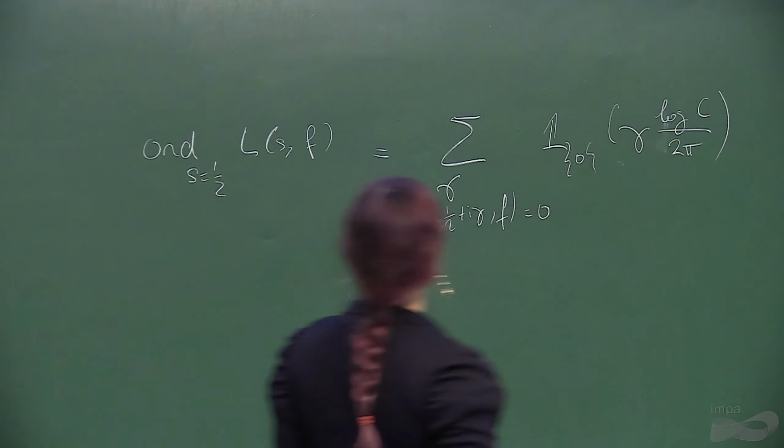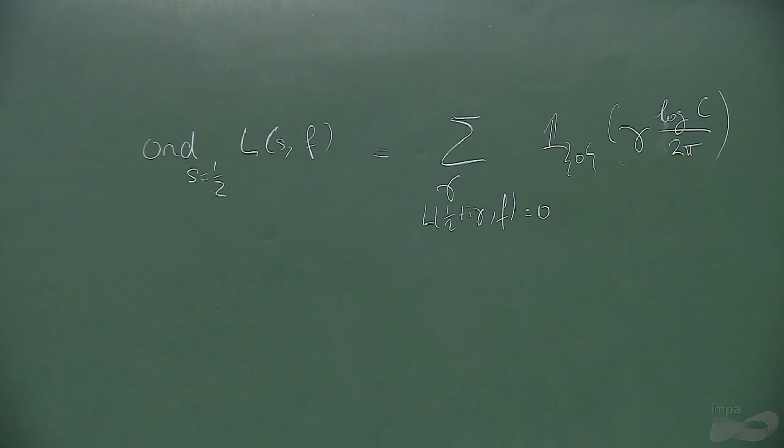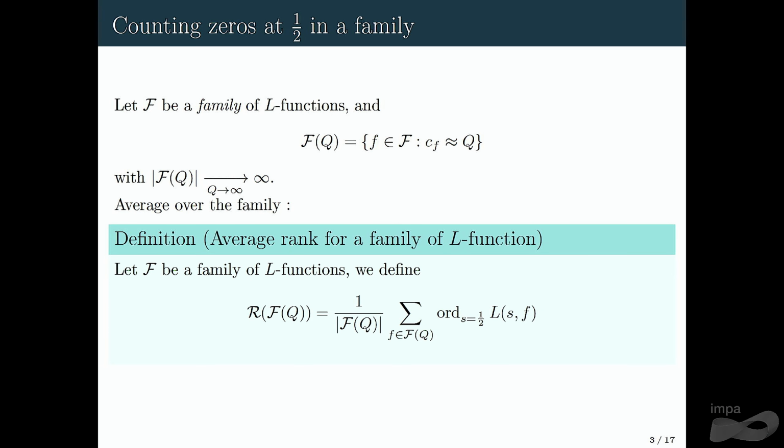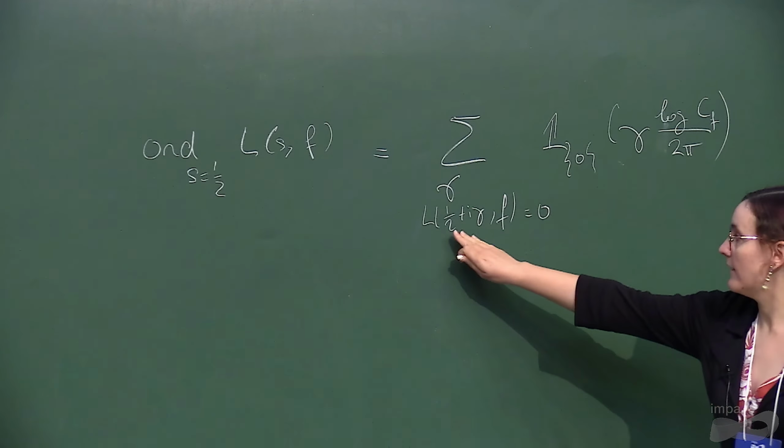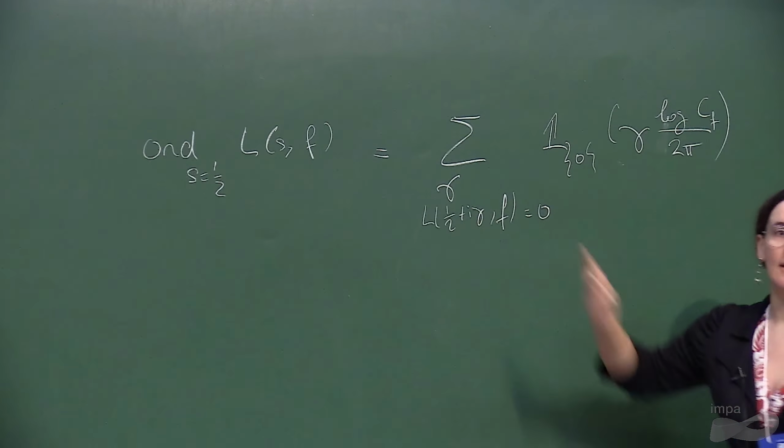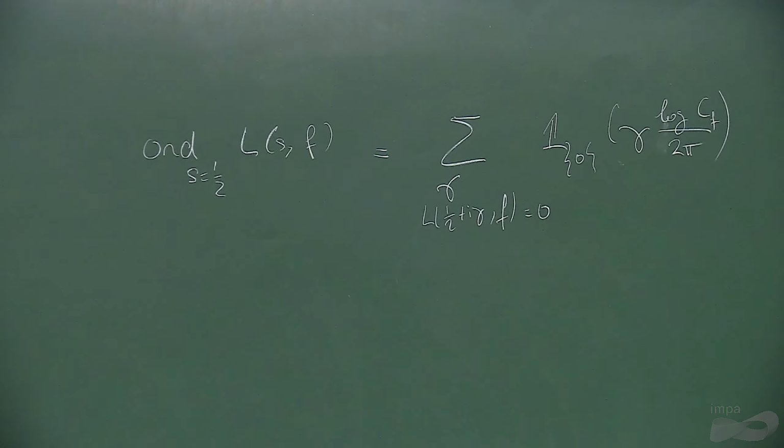And where my C is the conductor, and since it's approximately Q, log C_F. Okay, I'm writing the zero at 1/2 + iγ. Maybe my hypothesis is false and this gamma is not a real number. Whatever, we are going to assume very fast that my hypothesis is true. So let's say I'm summing over real numbers in this talk.